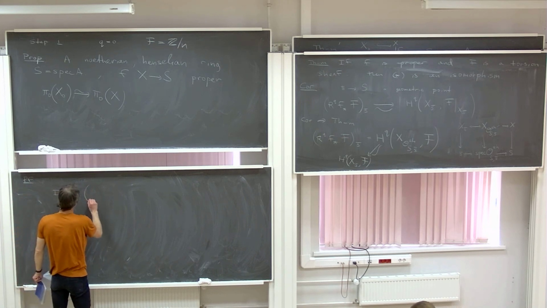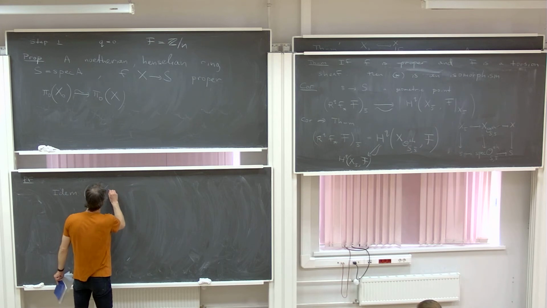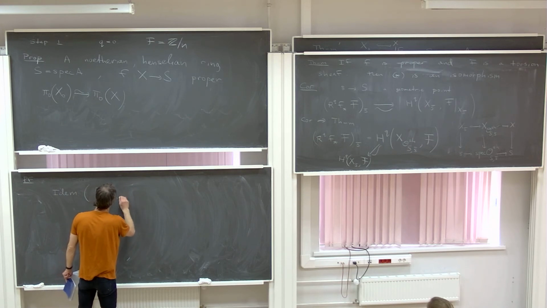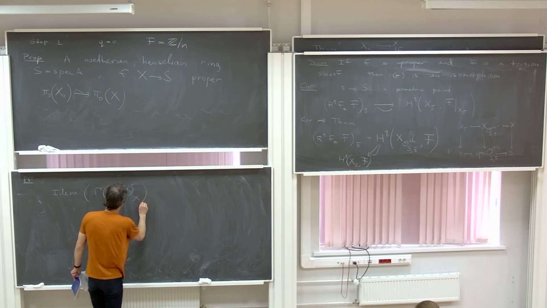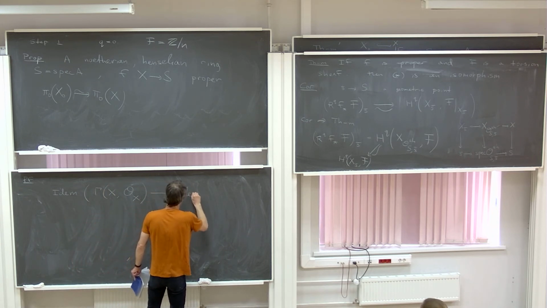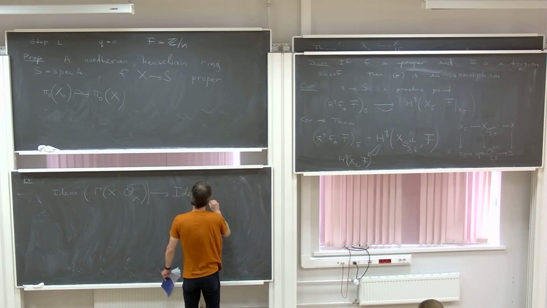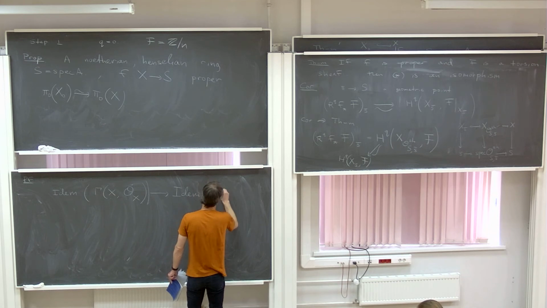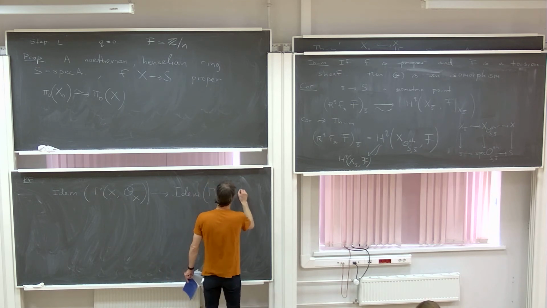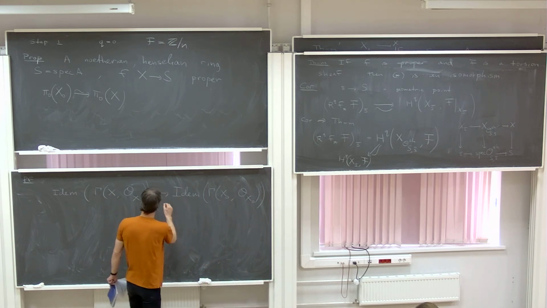So really, what I want to show is that for idempotents here, on X, there is a restriction map to idempotents on X0, and that this is a bijection. That's what we want.